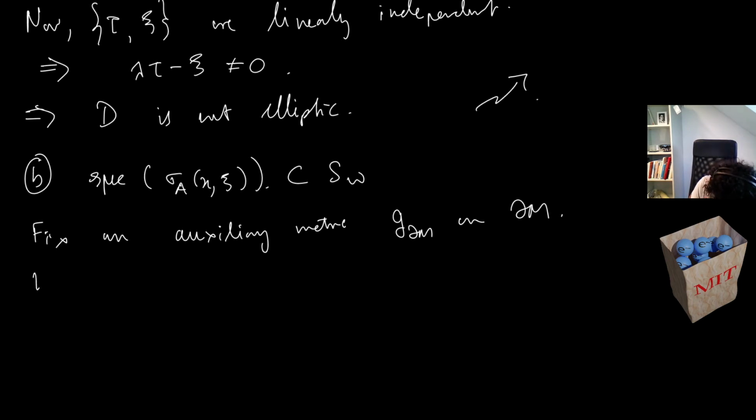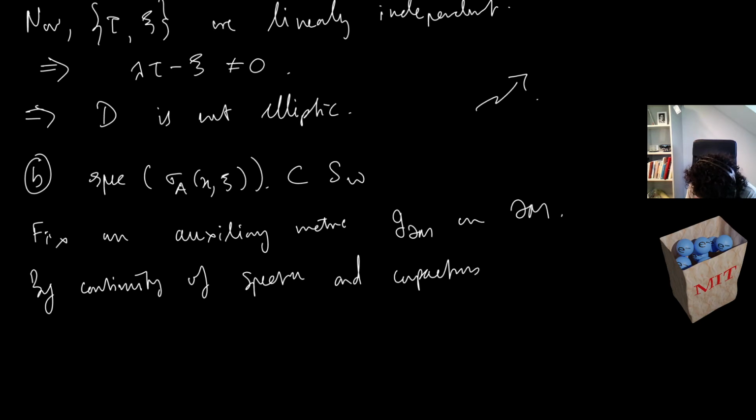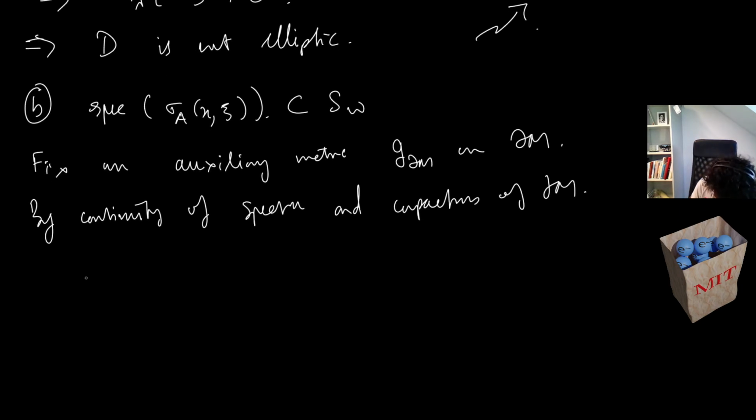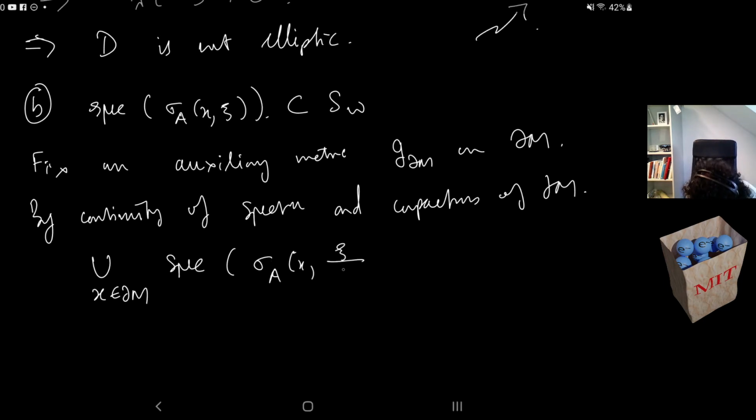So now, by continuity of spectra and compactness of the boundary, we have that the union over x in the boundary of M of the spectrum of A_x psi, normalized by this g, so I'm using the compactness also of the unit sphere bundle, right?